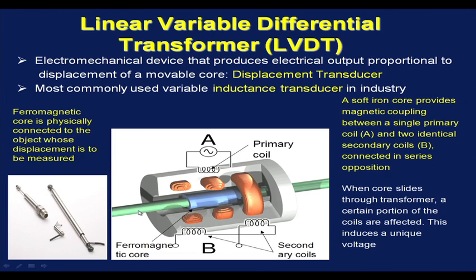So, when the core slides through the transformer, certain portion of the coils are affected, and this induces a unique voltage. This core is physically connected to the object whose displacement is to be measured.